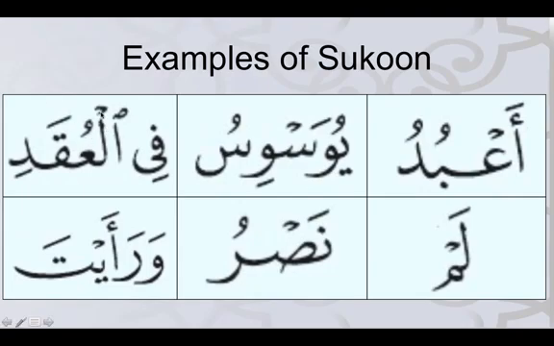Whenever we see a sukun, we combine it with a previous letter with a movement. So let's take a look at the sukun. Oh, this is lam sukun. Okay. What's the previous letter? Oh, this is a hamza. But wait. What's this diacritic? Is this a movement? No, it is not.